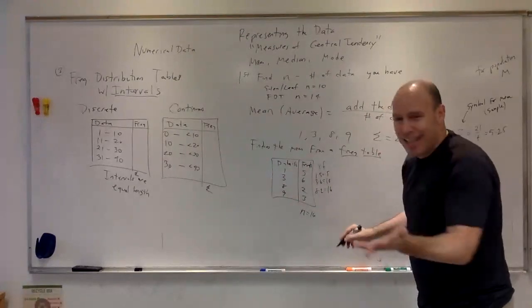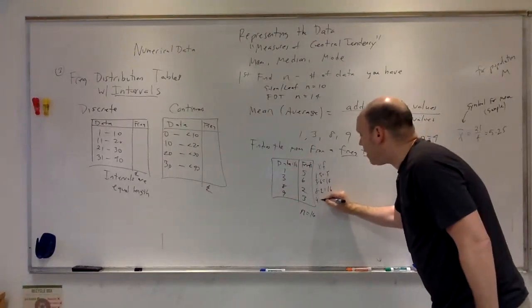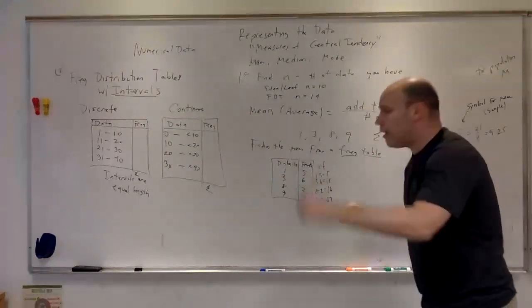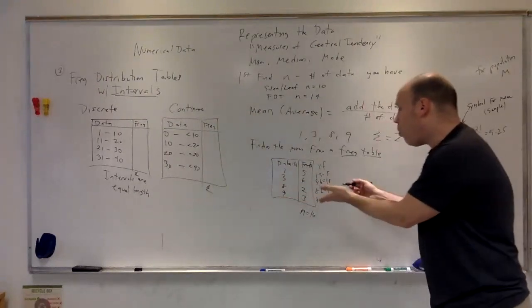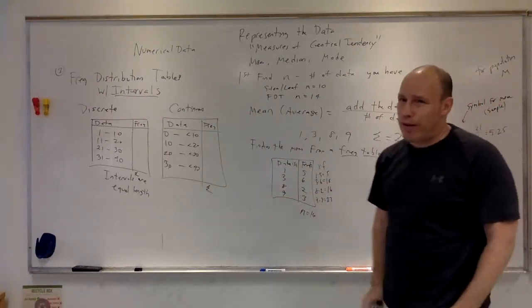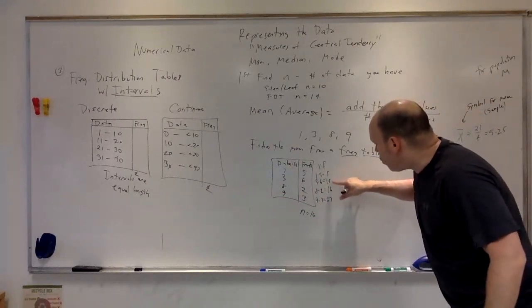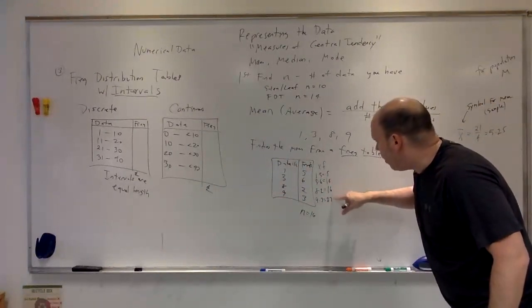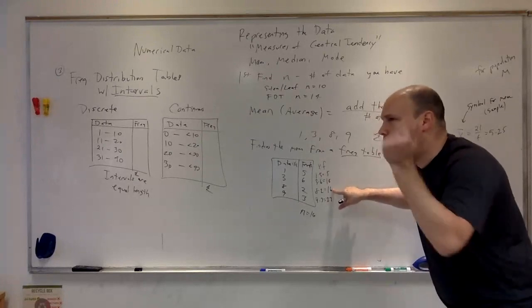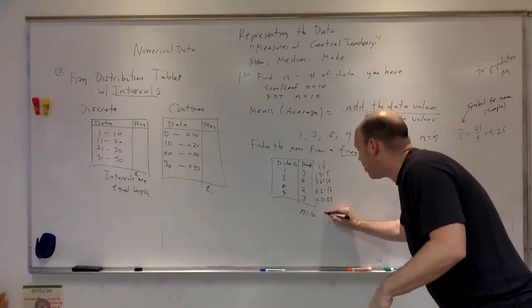And 9 times 3 is 27. Once again, the technology is doing this, but this is by hand. So 5, 23, 39, 66.